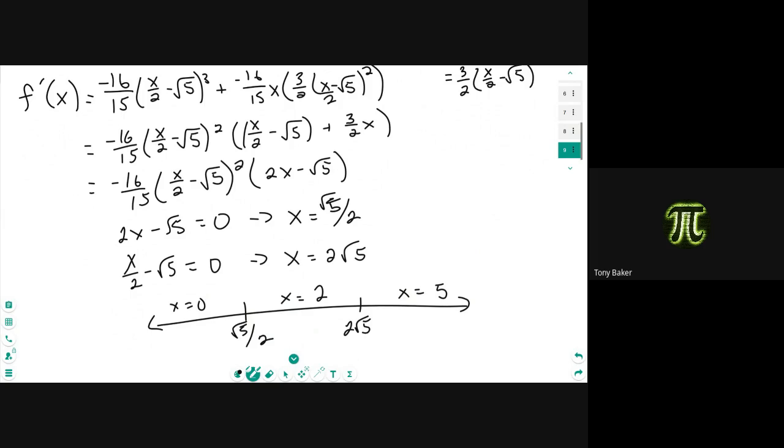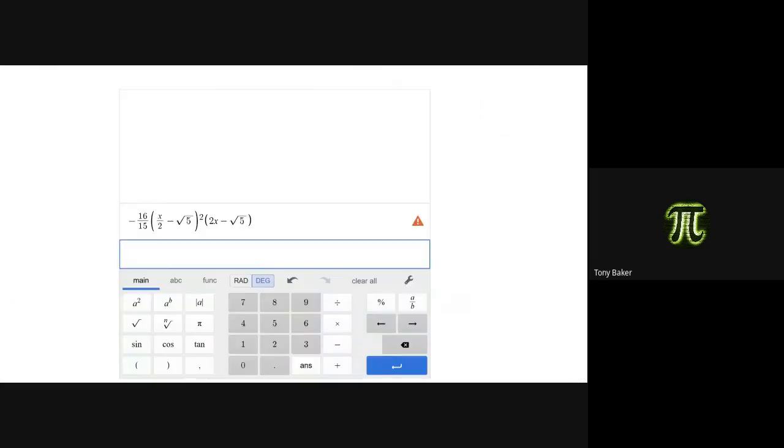What is this function? Let's write this out. So remember, one of the nice things about Desmos is you can type this in like this, and we can plug in numbers.